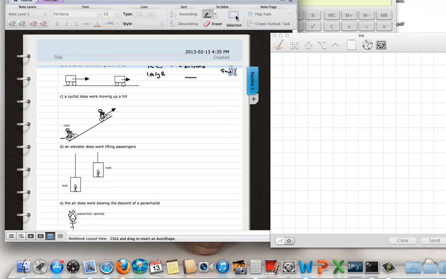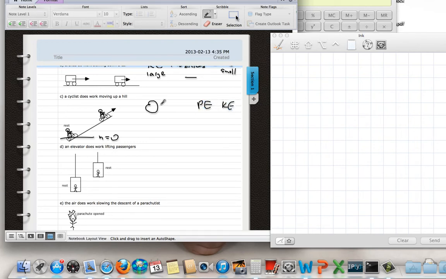Okay, so let's put our 0 down here of height, and we'll say energy at the beginning plus work equals energy at the end. Energy at the beginning, there's no height and there's no motion. So it's 0. Energy at the end, well, it's got height, so it's got potential energy, and it's moving, so it's got kinetic energy.